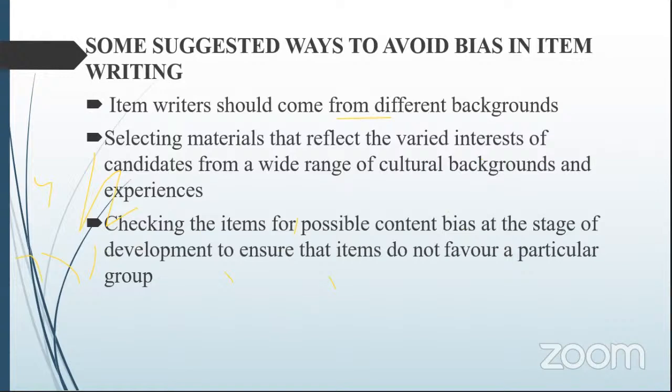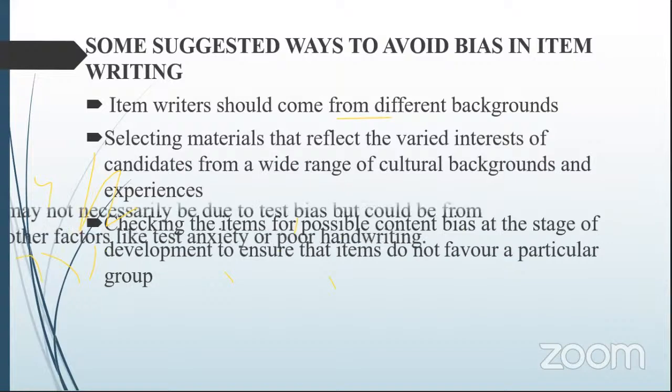Checking the items for possible content bias at the stage of development to ensure that items do not favor a particular group. It can be a class item. When we say development, we are looking at the stage before this test is administered.